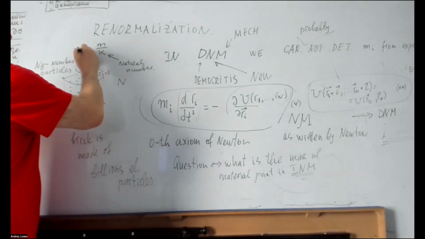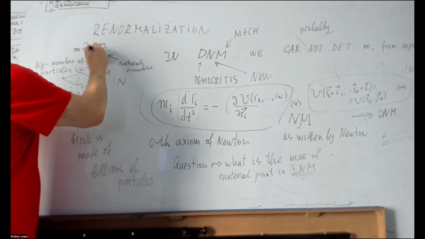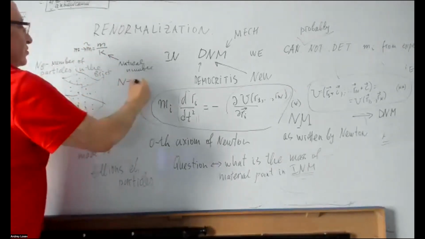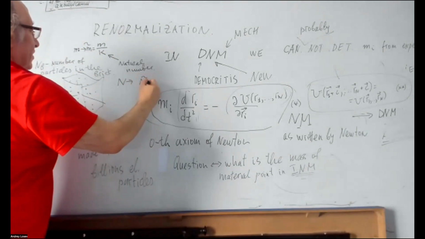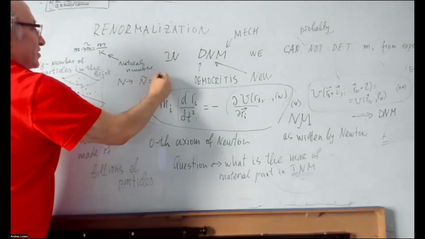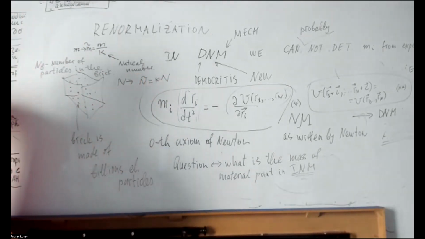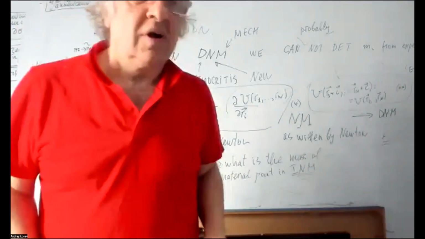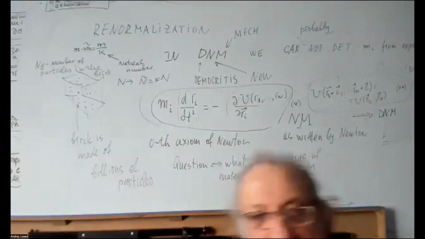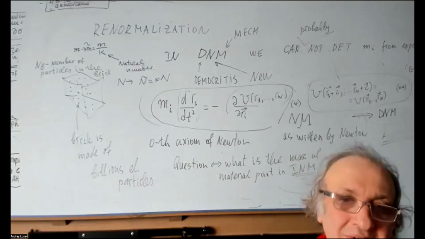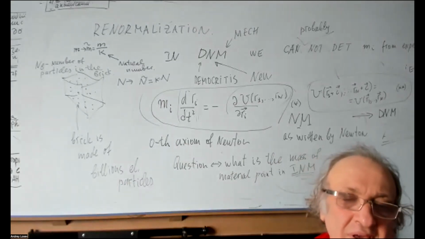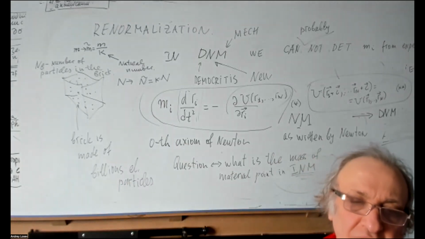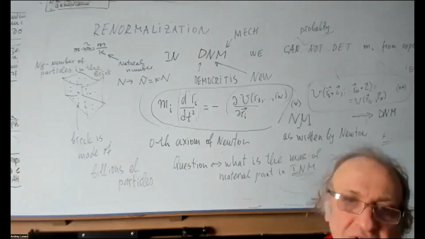So M goes to M tilde, N goes to N tilde equals K times N. In this case, the density would be the same. If I break the brick into two bricks, I will not see this difference.